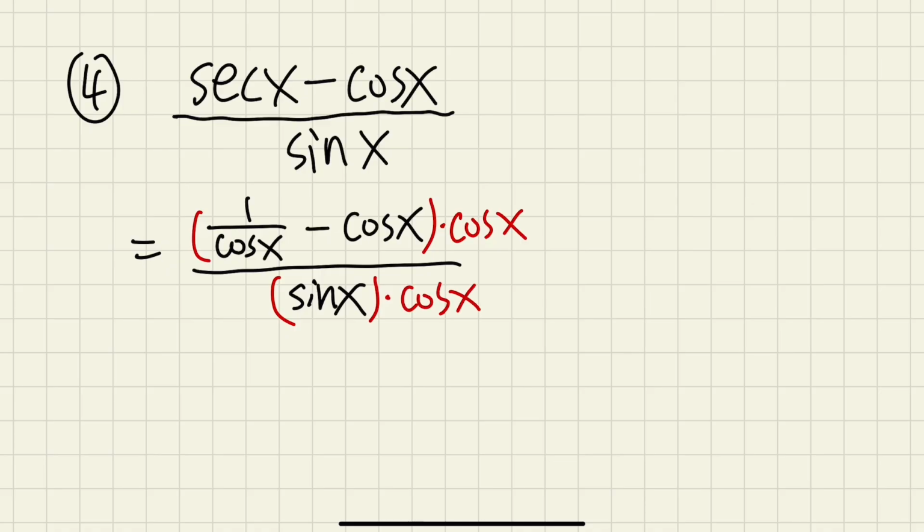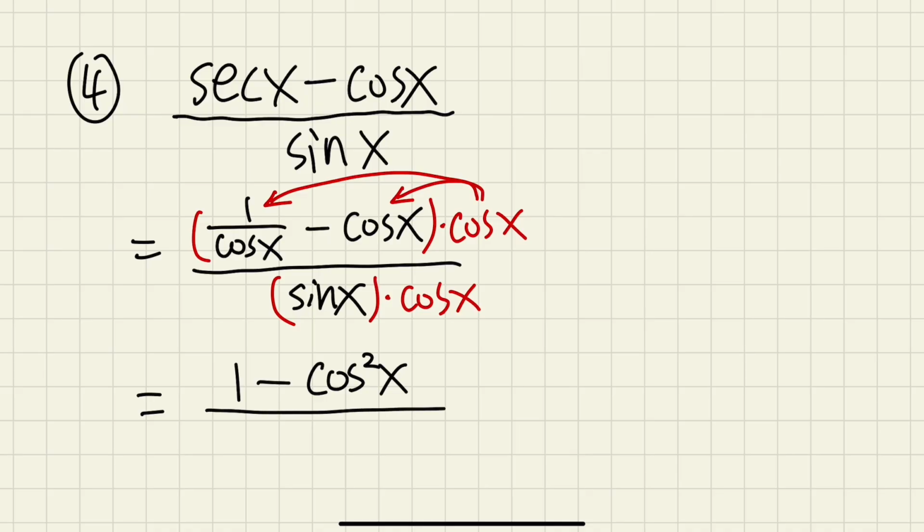Now, take this cosine x, distribute it, just multiply. Cosine x times 1 over cosine x, that will just be 1. And then minus cosine x times cosine x, that's cosine square x. And on the bottom, we have sine x times cosine x.